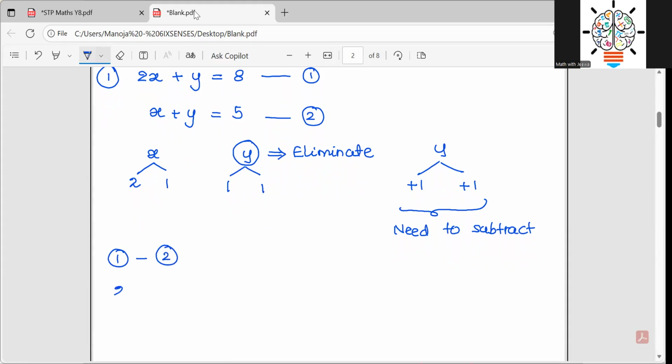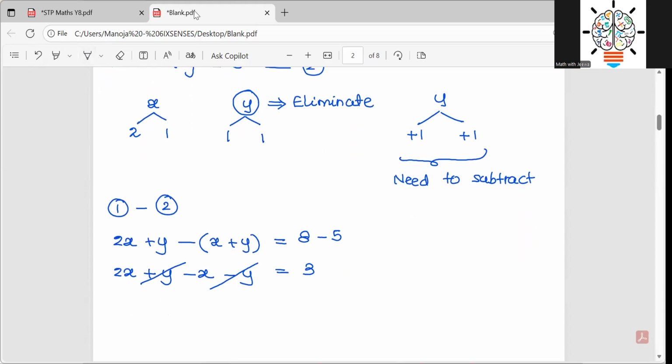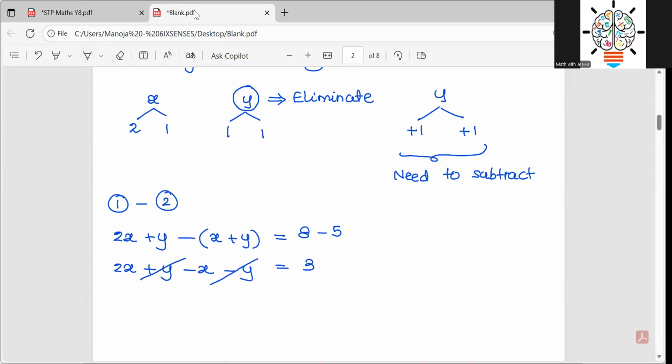Then the first equation I write 2x plus y, subtract, open the bracket, x plus y, equal to 8 minus 5. Plus y minus y we can cancel.